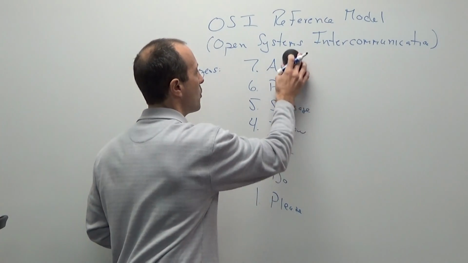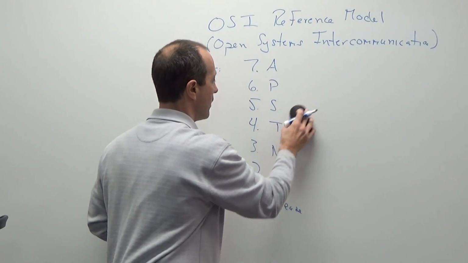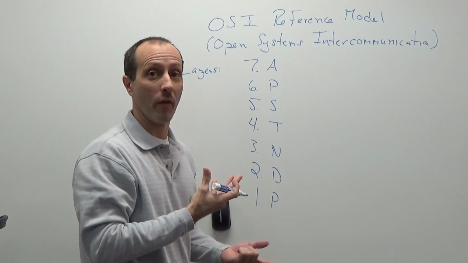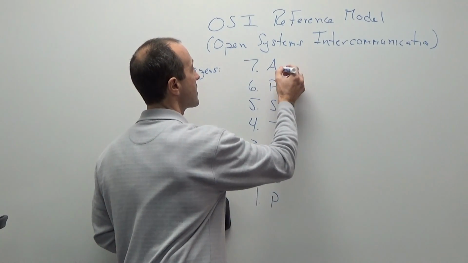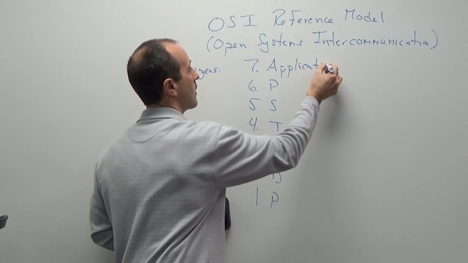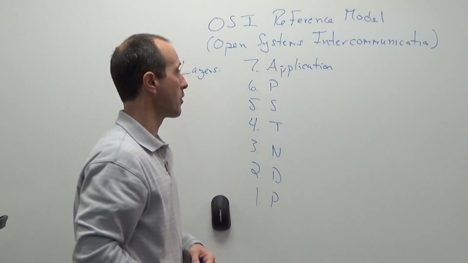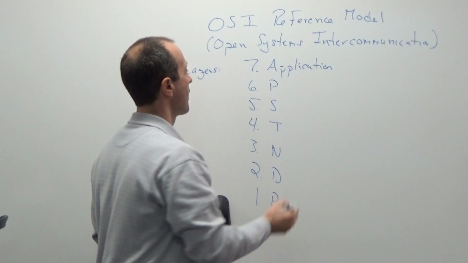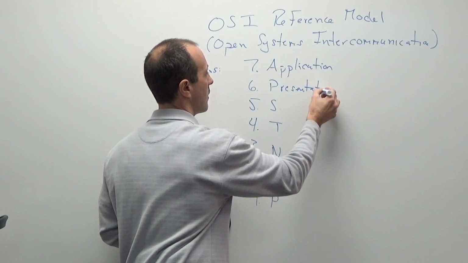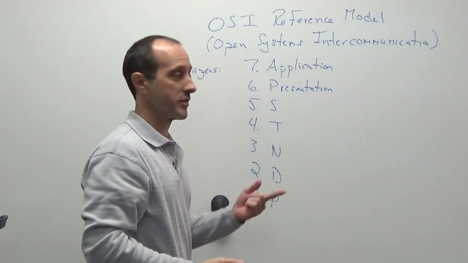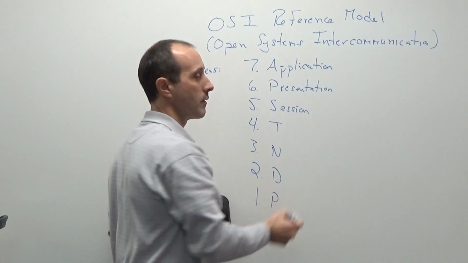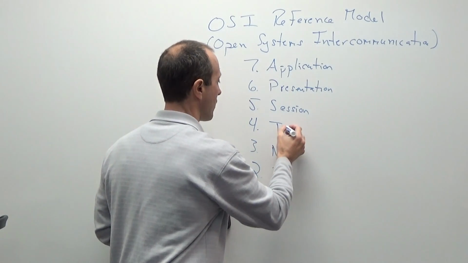So now that we have a mnemonic, a way of remembering the letters and where they go, let's talk about what they are. This is the application layer, or app as most of us refer to it. It's the application layer. This is the presentation layer. This is the session layer. T stands for transport.